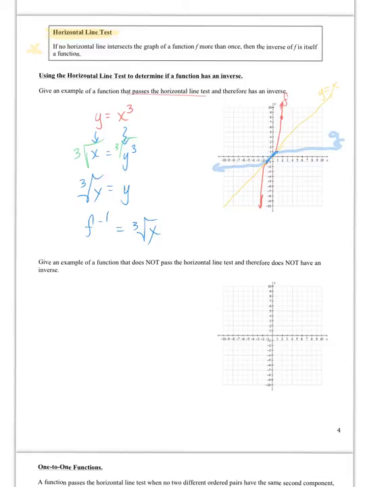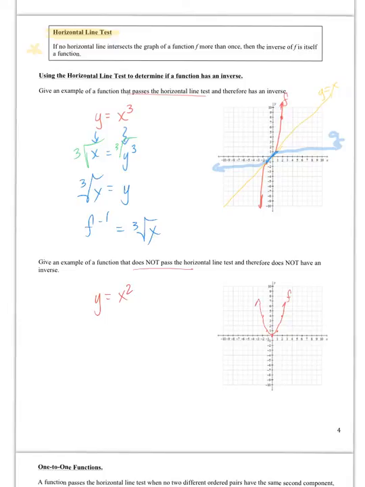Now, can you think of a function that does not pass the horizontal line test and therefore does not have an inverse function? y equals x squared, the parent quadratic equation. So we know what that graph looks like.